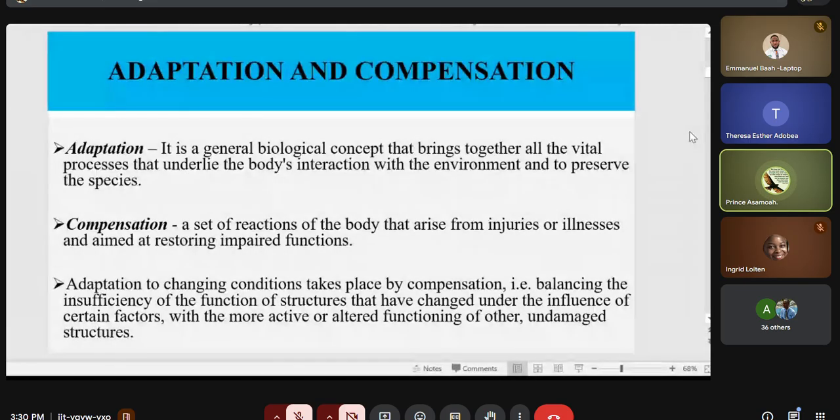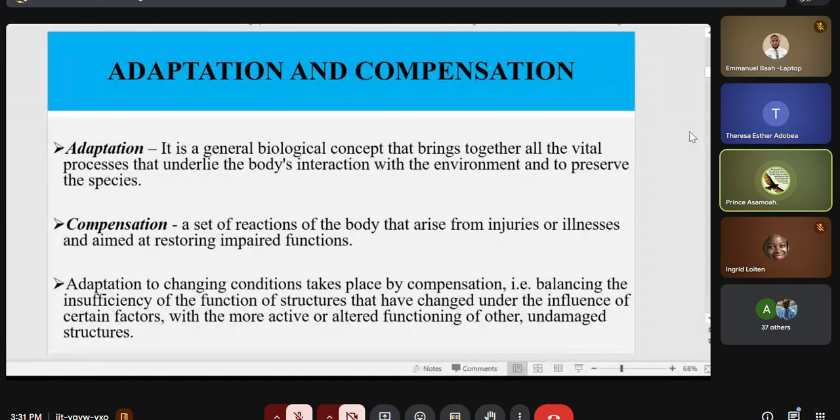So this is what the body actually does. As and when there's a factor, something that is affecting the cell, that is what it means when we say cellular adaptation or cellular compensation.